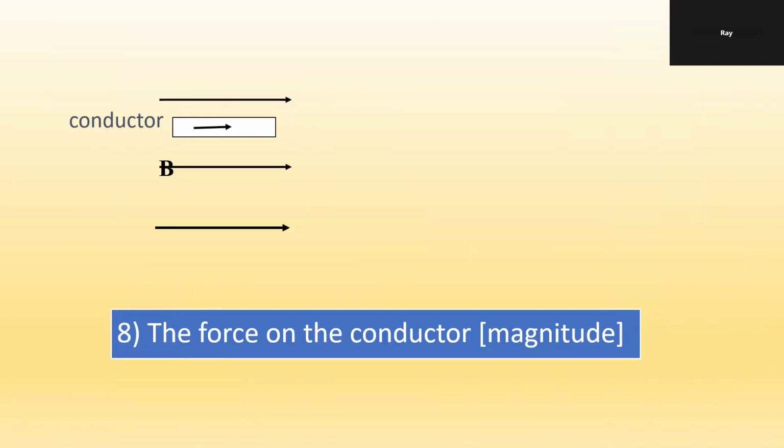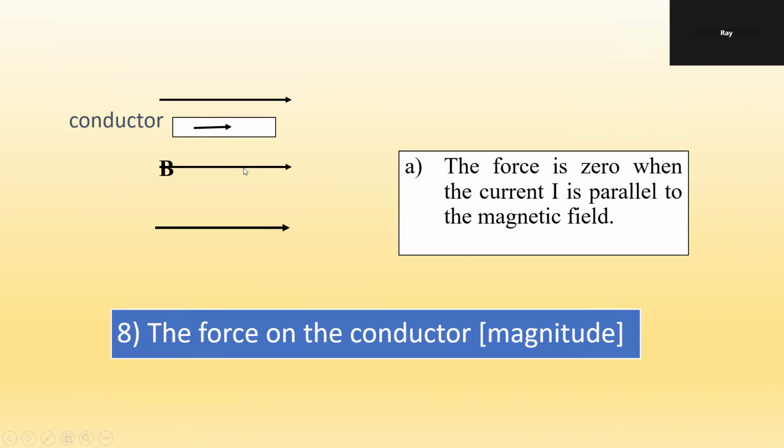Force on current carrying conductor, magnitude. That's your conductor. That's your current. In this case, the force is 0, where the current is parallel to the magnetic field.